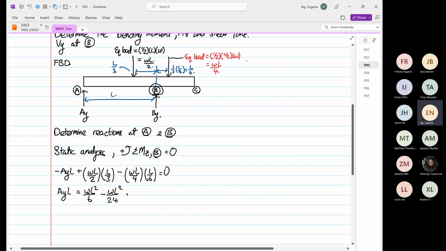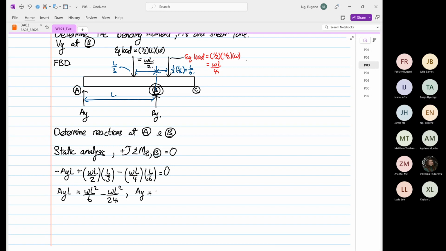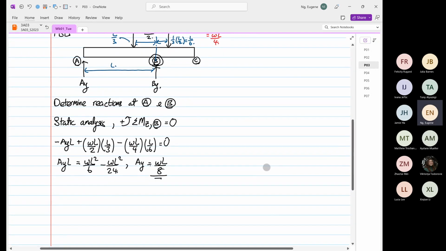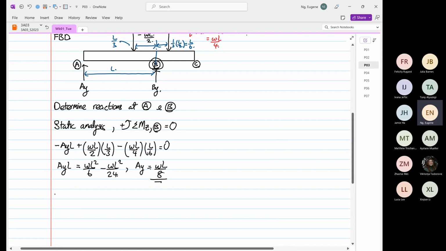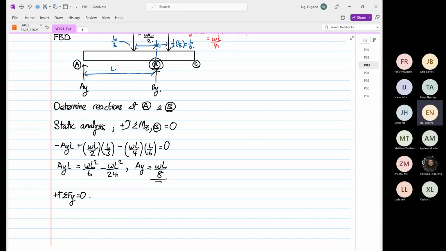So from here, we know that AY is equal to 1/6 minus 1 over 24, which is omega L over 8. So we know AY is equal to omega L over 8. So we have to find point B now. So for point B, we just do summation of forces in the y direction is equal to 0.